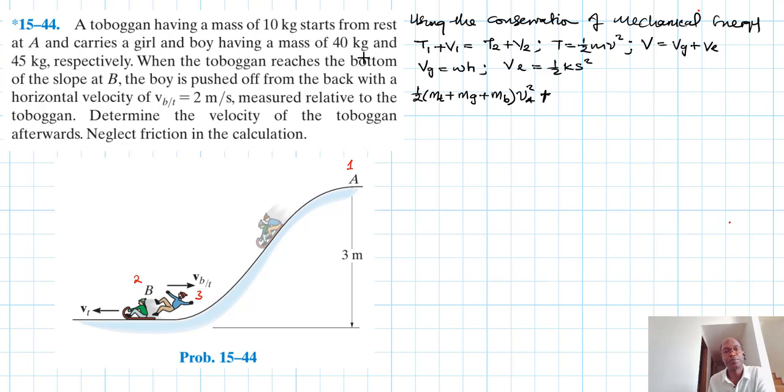Then we know that the other terms are going to be potential energy. We have W, WT plus WG plus WB, times HA, if this is our datum.